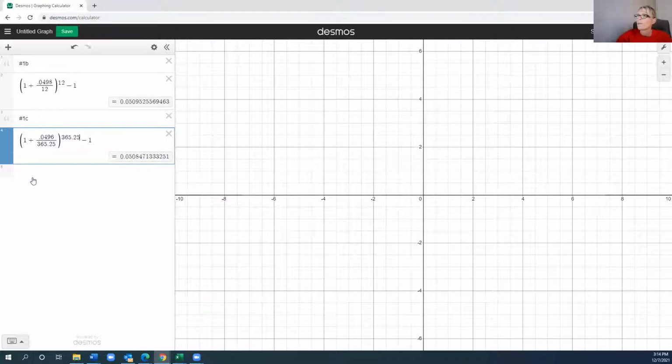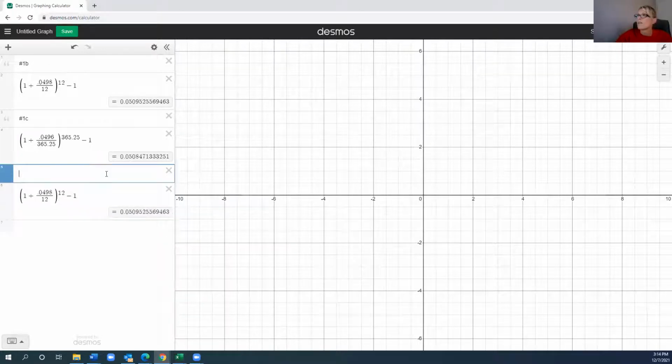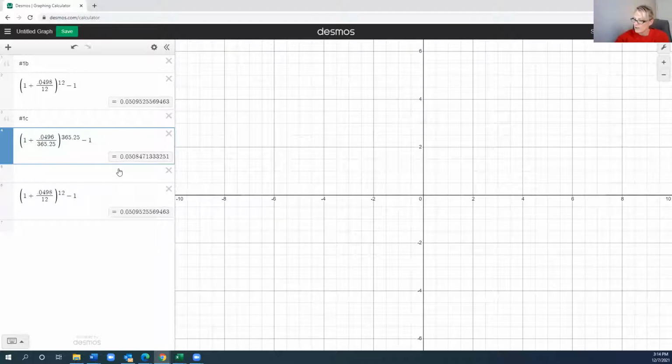And that means it's right here, 0.0508. Oh, 5.085. So 5.085%.